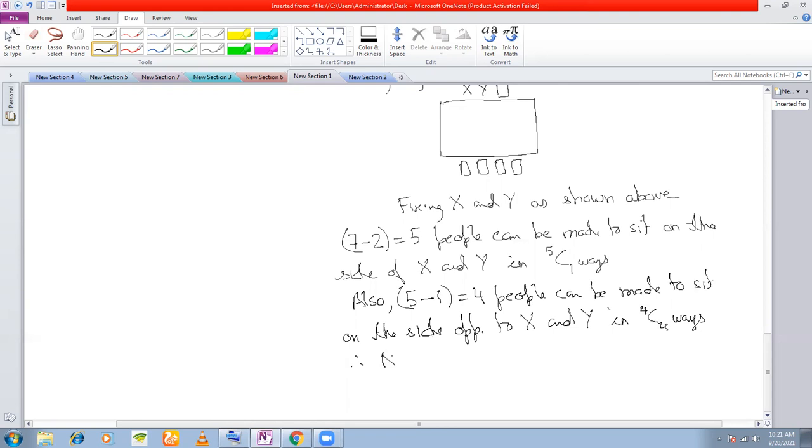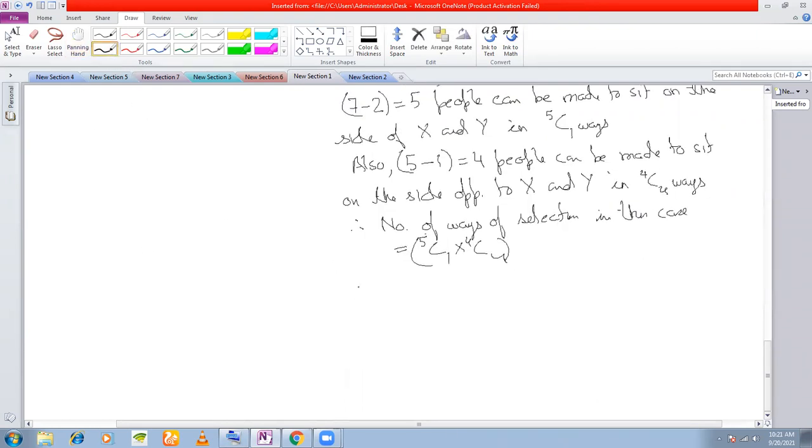Therefore, number of ways of selection in this case is 5C1 into 4C4.